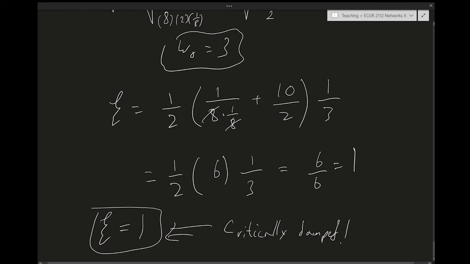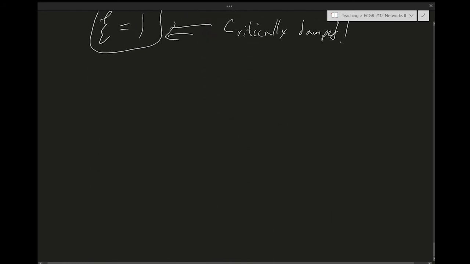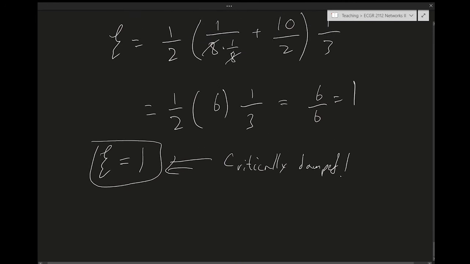Okay, the system is critically damped. What did we say that the response equation would be for a system that's critically damped? Well, it has the following form. It's like K1 e to the minus zeta omega naught t, where zeta is 1, plus K2 t e to the minus omega naught t.